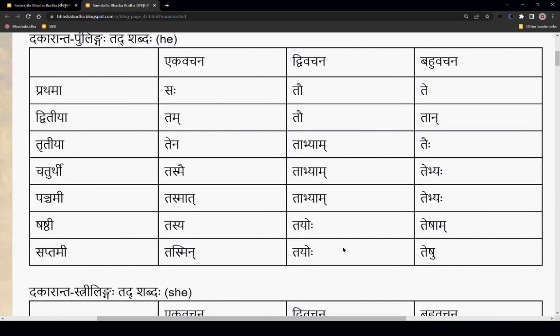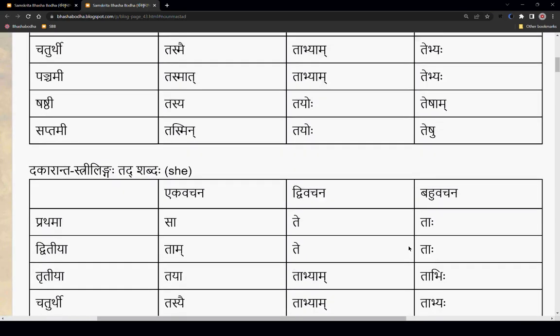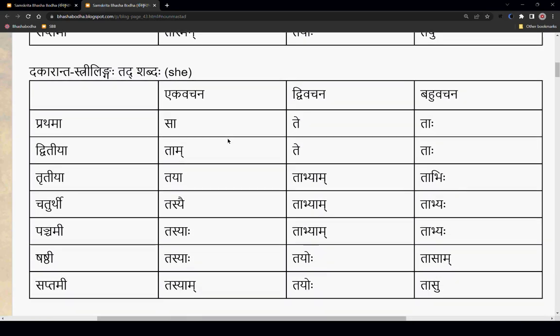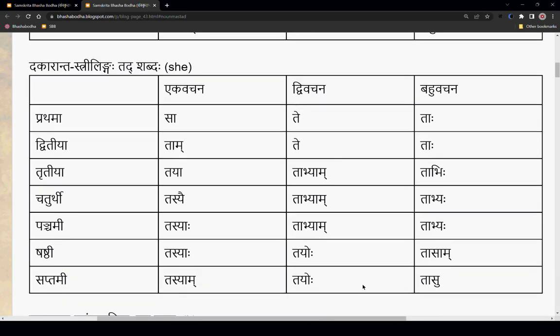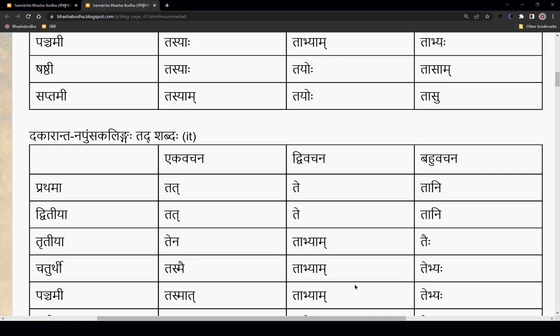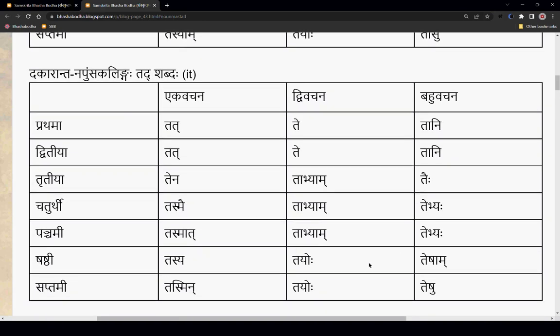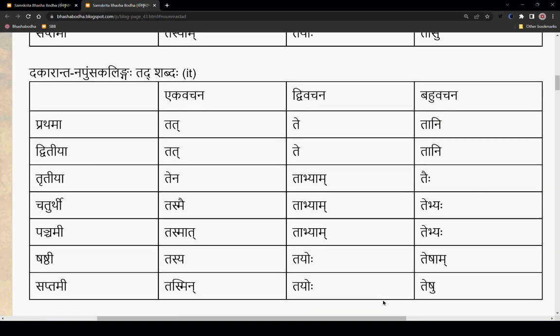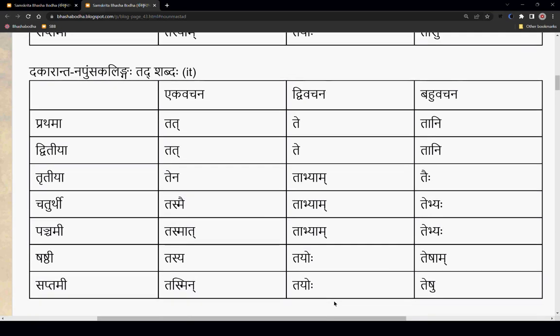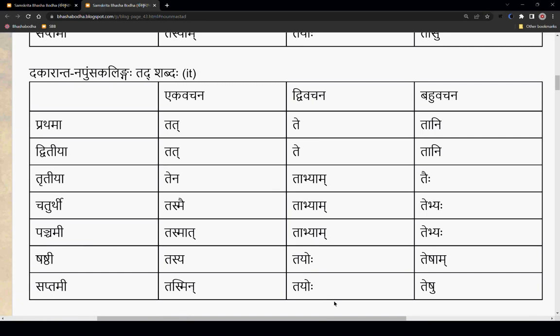In pullinga it takes these forms, prathama like saha, tau, te, etc. And in strilinga it takes these forms, sa, te, tah, etc. And then dakaranta tad, napumsakalinga, it takes these other different forms, tat, te, tani, and so practice this, so it becomes easy to remember.